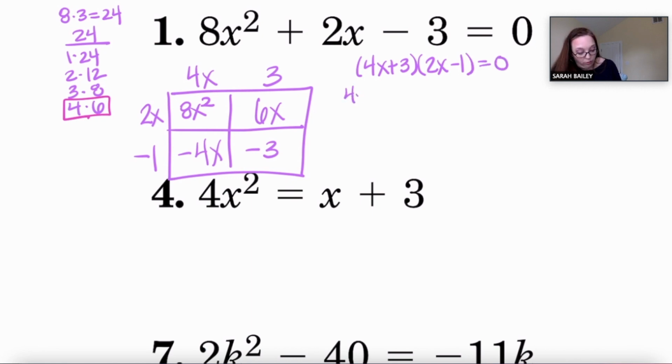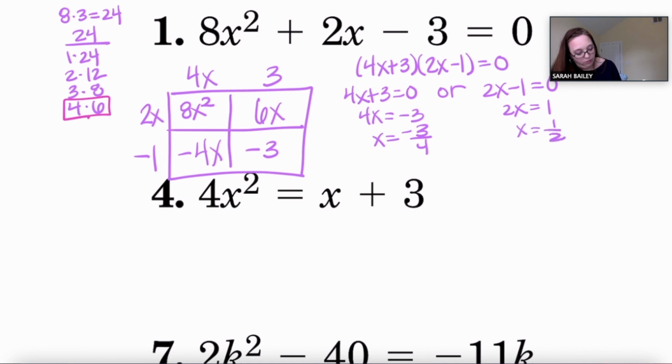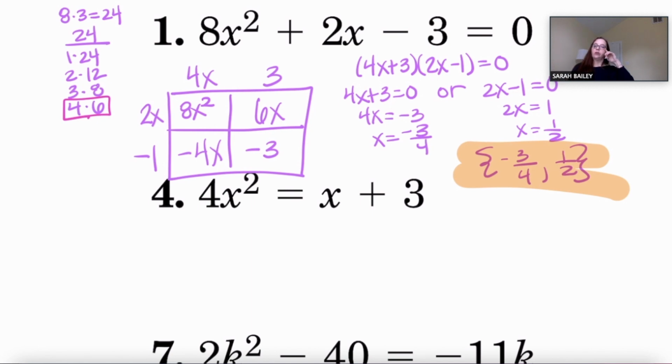So either 4x plus 3 is 0 or 2x minus 1 is 0. So 4x is equal to negative 3, so x would be negative 3/4. 2x is 1, so x would be 1/2. So my solution set is negative 3/4, 1/2. That's it. So this is just extending what we've already done.